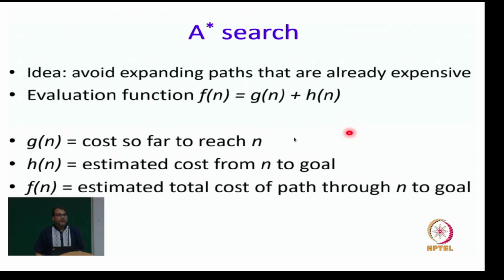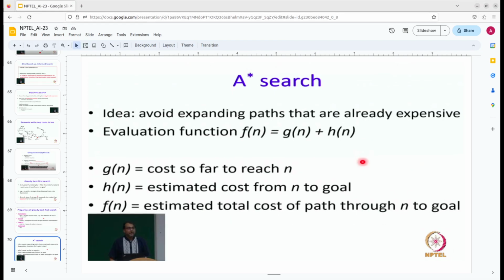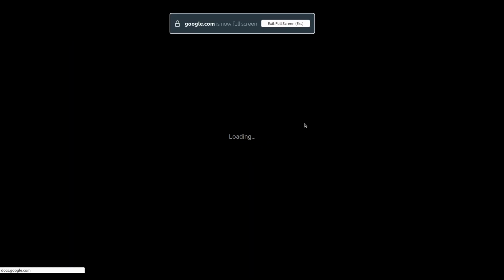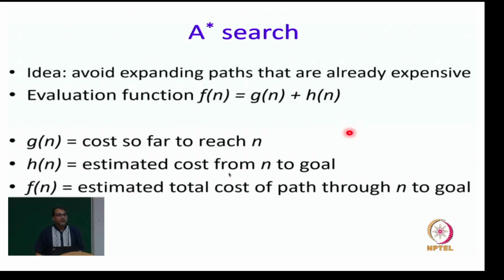So how does the evaluation function look like? It would look something like this: f of n equals g of n plus h of n. What is g of n? What is h of n? g of n is the cost so far to reach n.